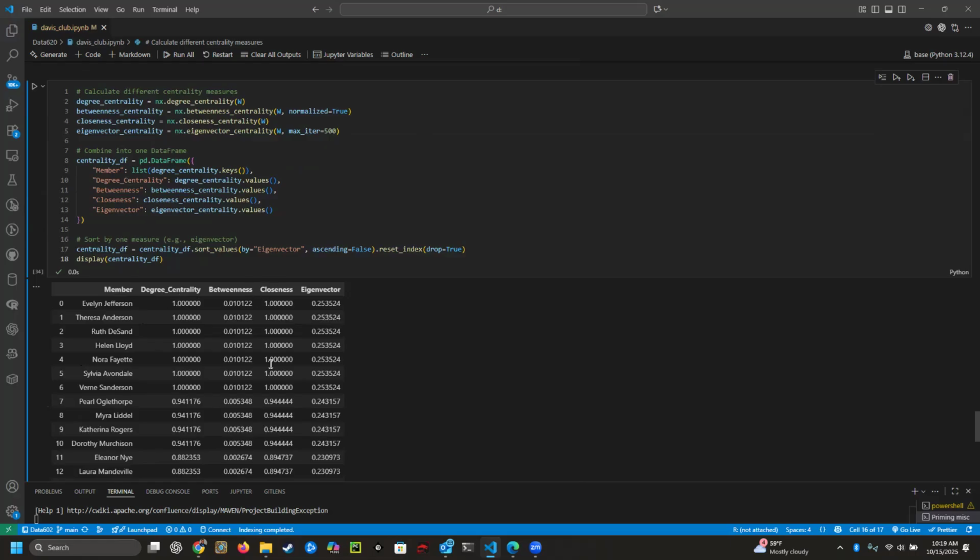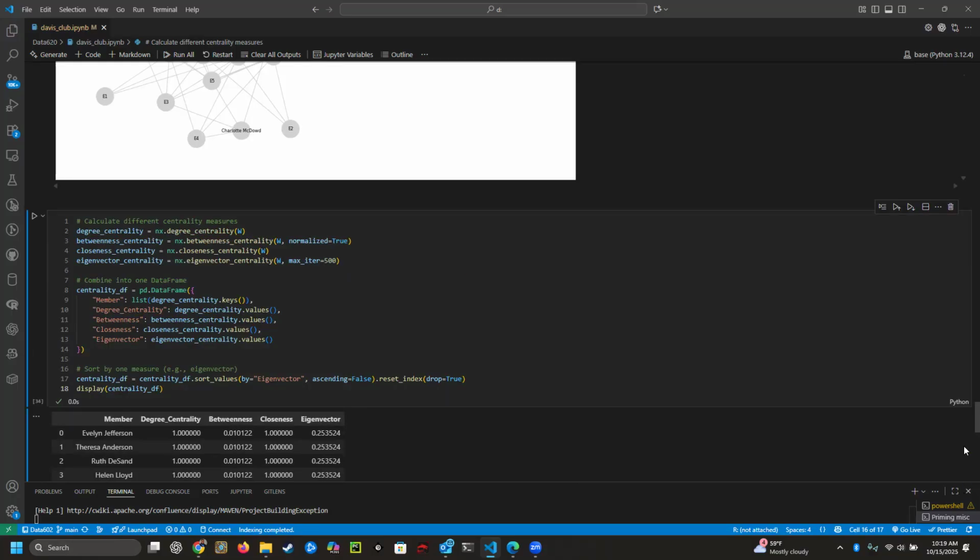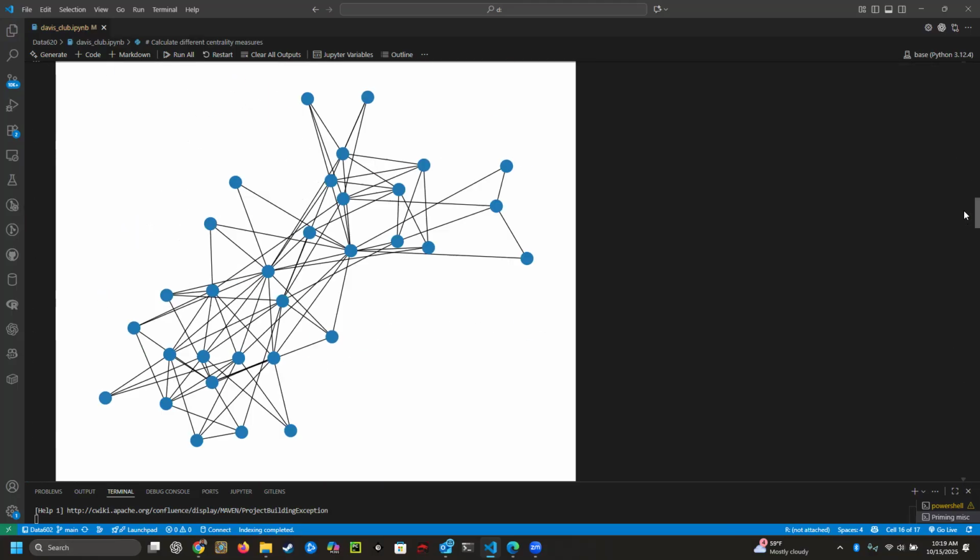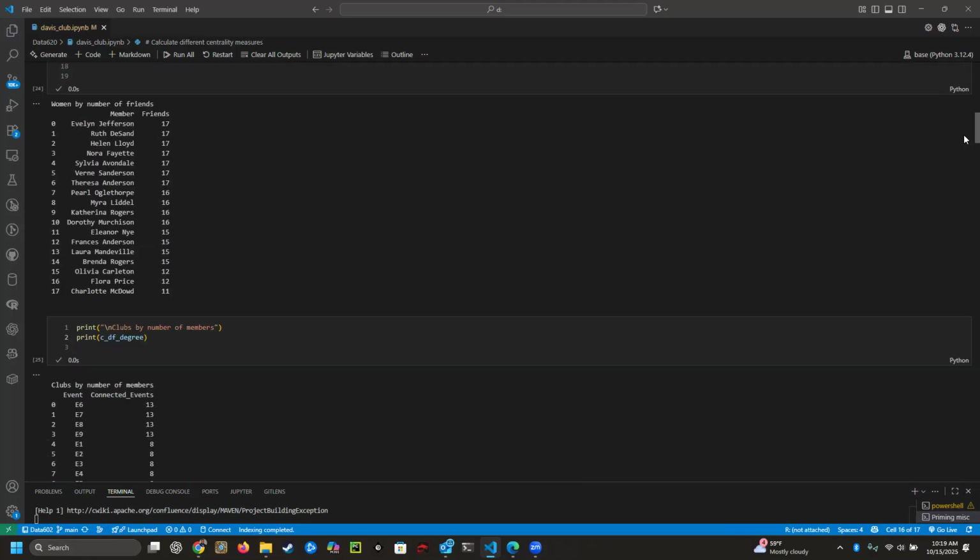So we see a lot of the same metrics for these women, and it just highlights what we saw earlier, that we had 7 women who had interacted with all other women, right?